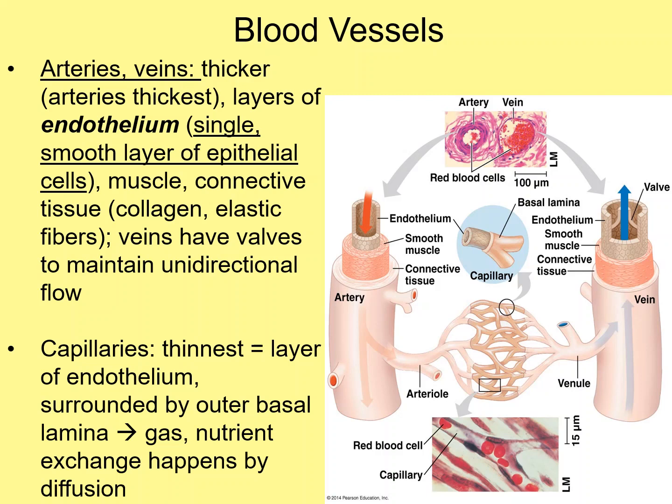So our digestive tract, our stomach, and of course our arteries and our veins, so that we can control the diameter of those blood vessels and hence the pressure in those blood vessels as well.